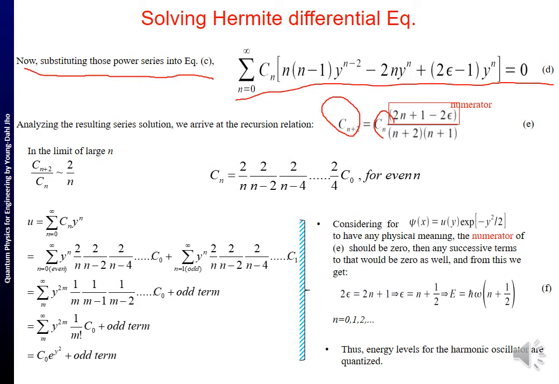Actually, you just summarize. You can make it simple in terms of y to the power of n. Then this one will be changed like Cn plus 2, and then n plus 2, and then this one n plus 1.